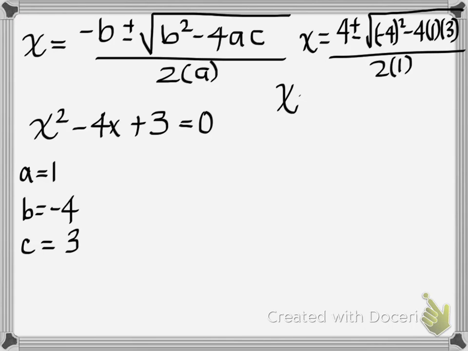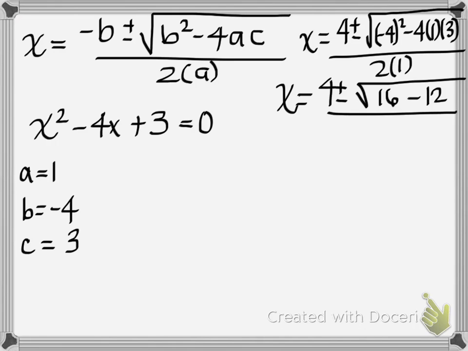Now we have x is equal to 4 plus or minus the square root of 16. And then we have negative 4 times 1, which is negative 4. And negative 4 times 3 is negative 12. So we're going to write minus 12. And that's going to be all divided by 2.